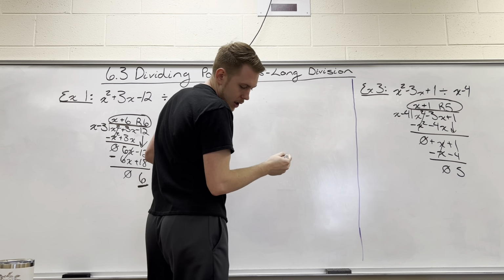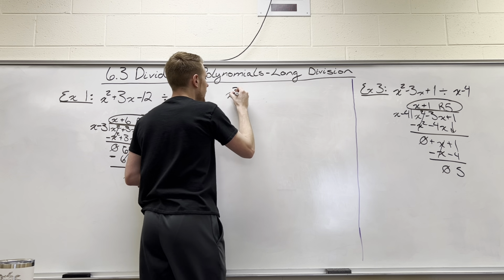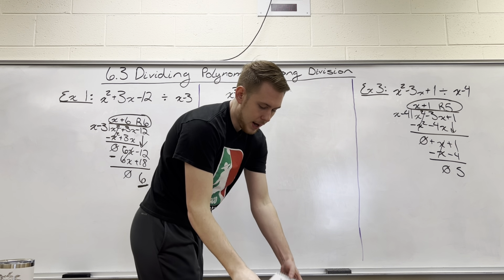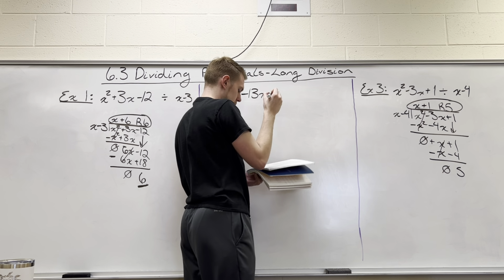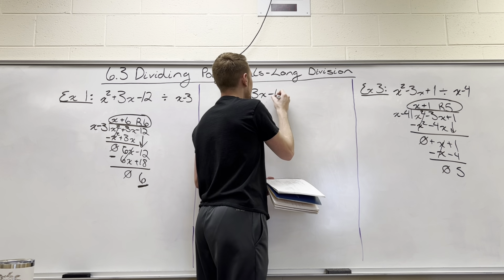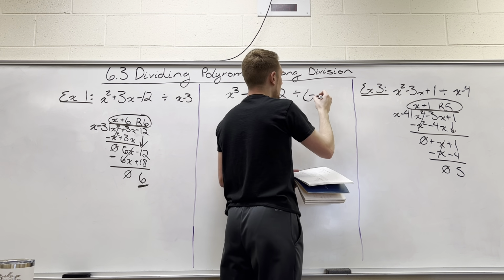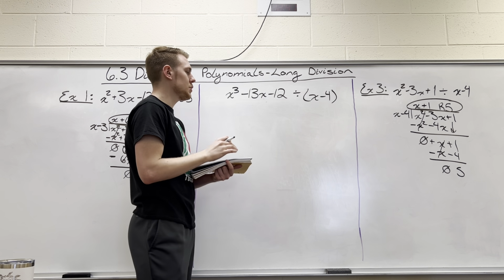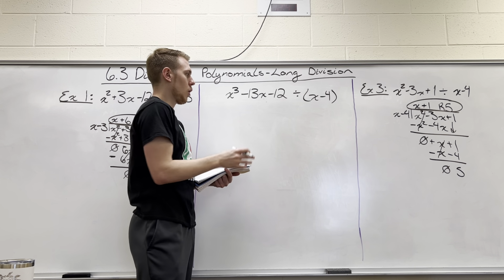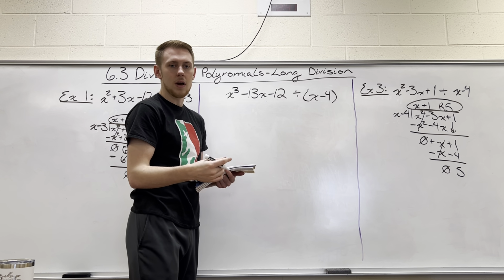You're going to take x cubed minus 13x minus 12 divided by x minus 4. Okay, so like I said, this is a practice problem, so go ahead and pause the video, work this out, and then you can play the video and see if you got it right.